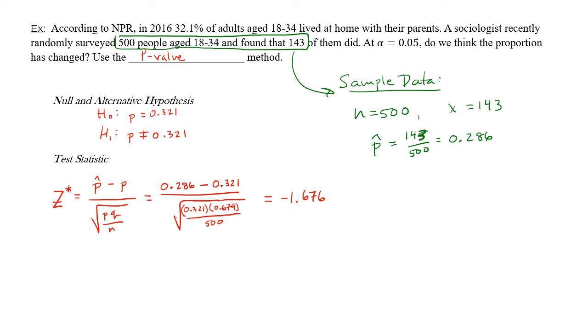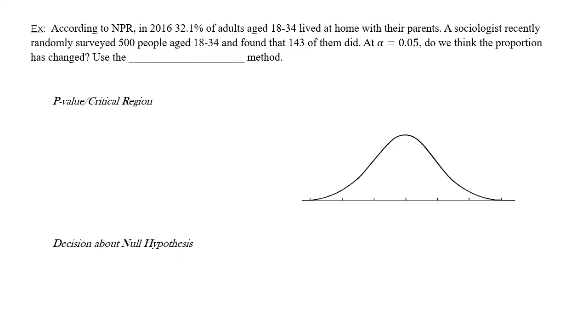Now with that, our goal would be to compute the p-value, but here I'll remind you that because it's not equal to, we're going to do the two-tail p-value. So negative 1.676 was our test statistic. We'll actually have a negative and a positive version here because we're going to do the two-tail p-value.